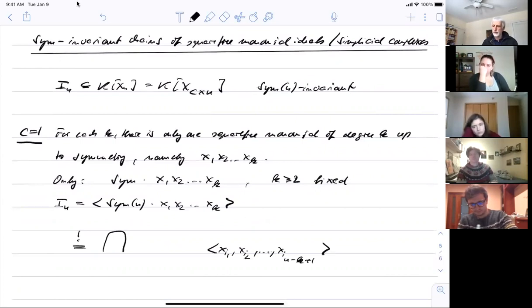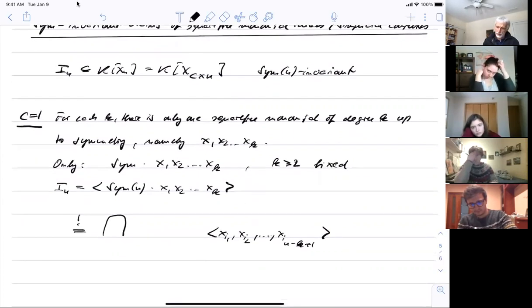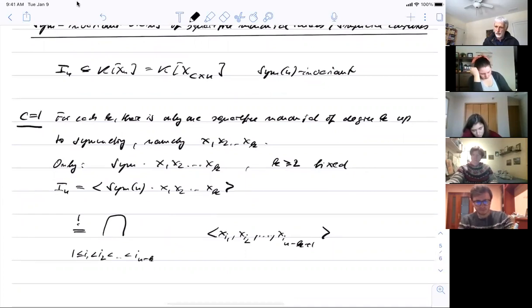Each such ideal is generated by n minus k plus 1 variables. And the condition is i1 is less than i2 less than i3 less than i_{n-k+1}, and this last index is at most n.